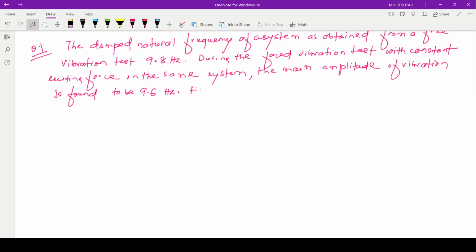Find the damping factor for the system and its natural frequency.